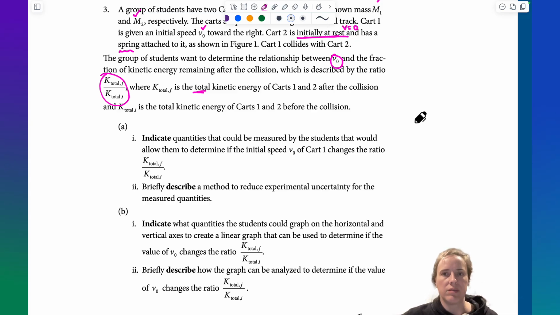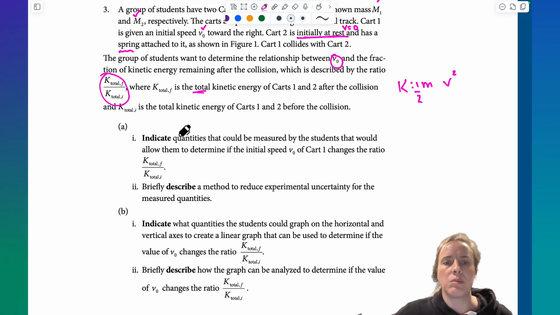So hopefully if you're in Physics C Mechanics, you know that kinetic energy depends on mass and velocity squared, because it's 1/2 mv squared. Okay. So really what it's asking me to do here is figure out the relationship between the initial speed and a ratio of their final speeds with their final masses, okay?